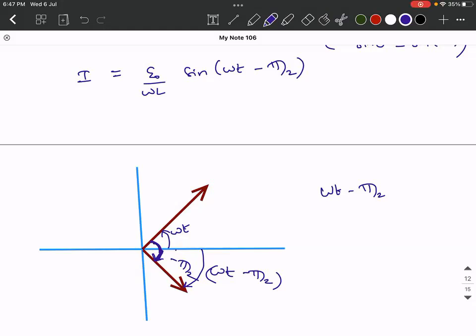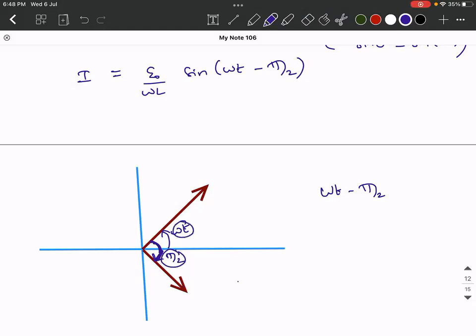See, it is actually pi by 2, that's simple. Magnitude of this, forget about this minus. Maybe that minus is confusing. This is pi by 2, accepted.